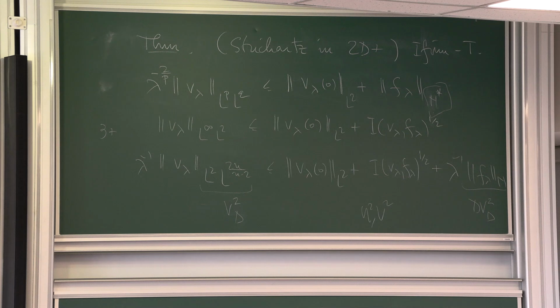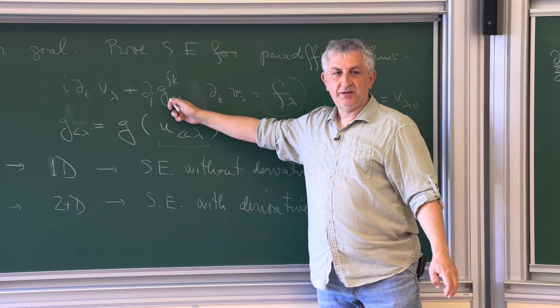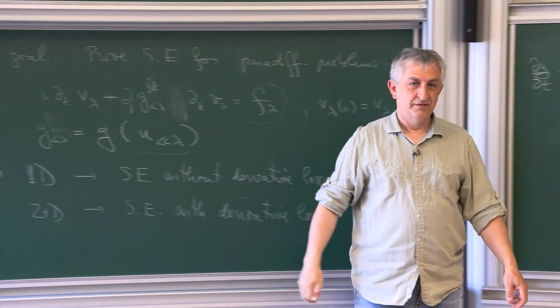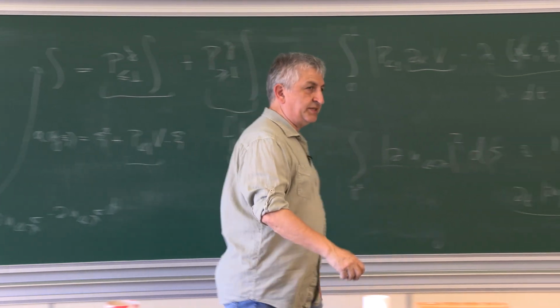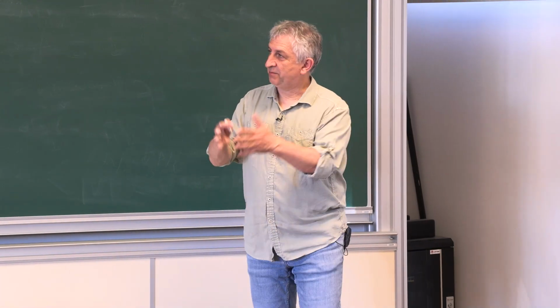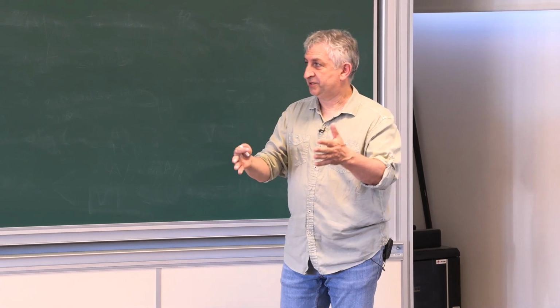So the strategy is we start with our equation, let's say, which is written in here. We take the metric G, and we try to replace the metric G with the identity. And in general, that's a bad idea because you cannot perturbatively change the metric to the identity and estimate the errors nicely.